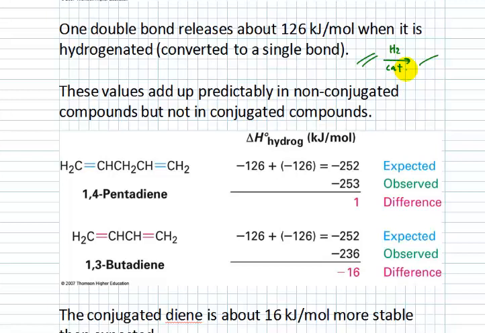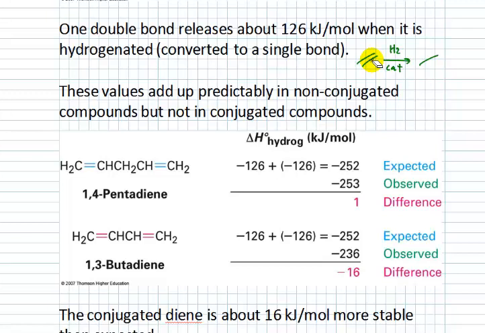A double bond will release typically about 126 kilojoules per mole on average when it's hydrogenated. So it's not just a matter of breaking the double bond, it's breaking the double bond but also forming 2 new single bonds that makes this give off energy overall.